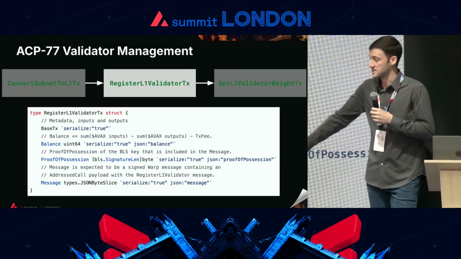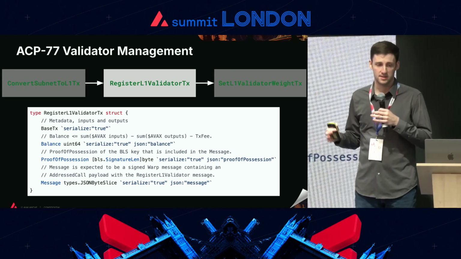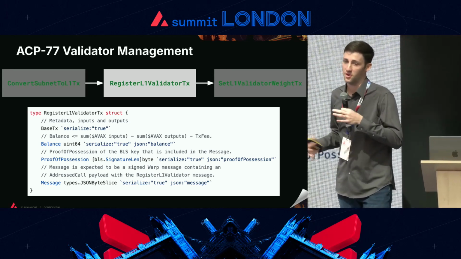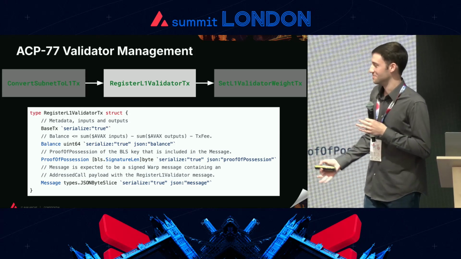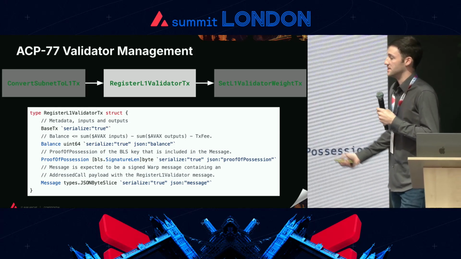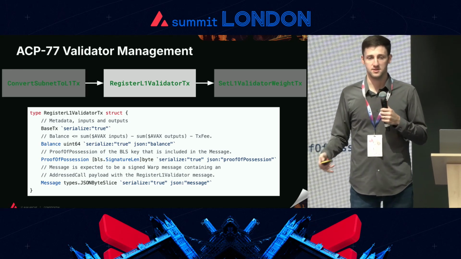And so the message itself is actually completely agnostic to the validator manager type, whether it's proof of authority, proof of stake, or any other types of validator managers that we could create. But it, like I said, specifies the changes to be made to the validator set on the P chain.